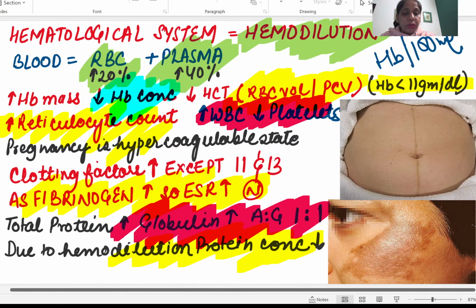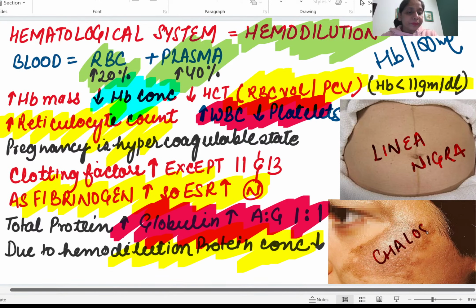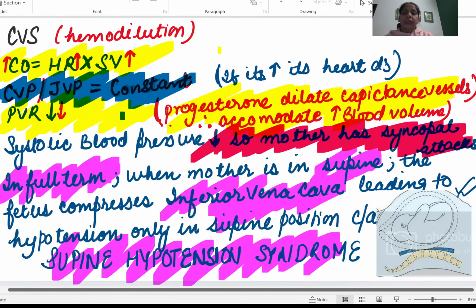This straight line on the abdomen, this change is known as linea nigra, and this darkened face is known as chloasma. I hope you know these simple things, as they are asked in exams. Okay, it can be asked.